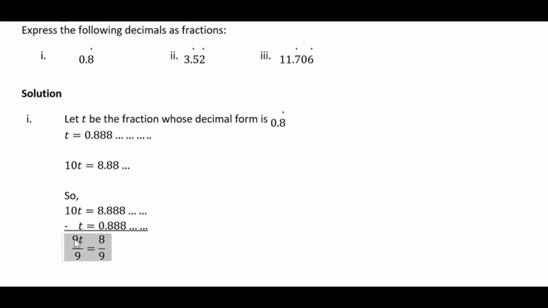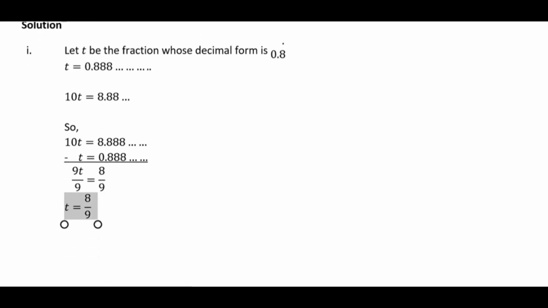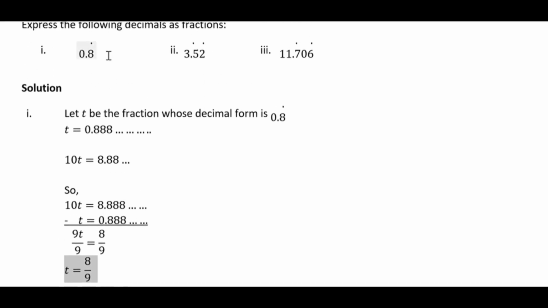So we shall have 9t being equal to 8, but what we want is t, because t is the fraction which we are interested in, which has this as the recurring decimal. So we divide both sides by the coefficient of t, which is 9 in this case, and in that case you will get t being equal to 8 over 9 as the fraction whose decimal is 0.8 recurring.